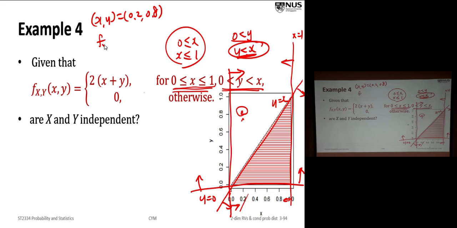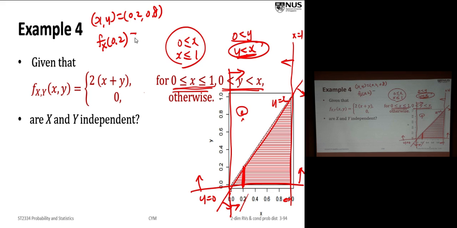What is f of x at 0.2? Of course, you can work out what it is. But basically, it sums up all the density here and squeezes it onto this point. It is non-zero because you have a positive density.